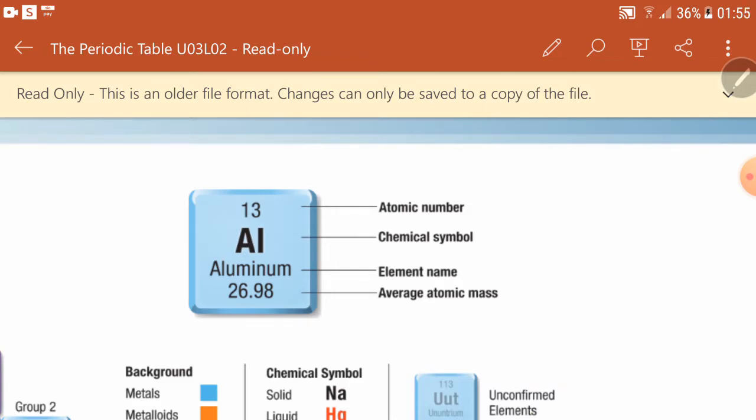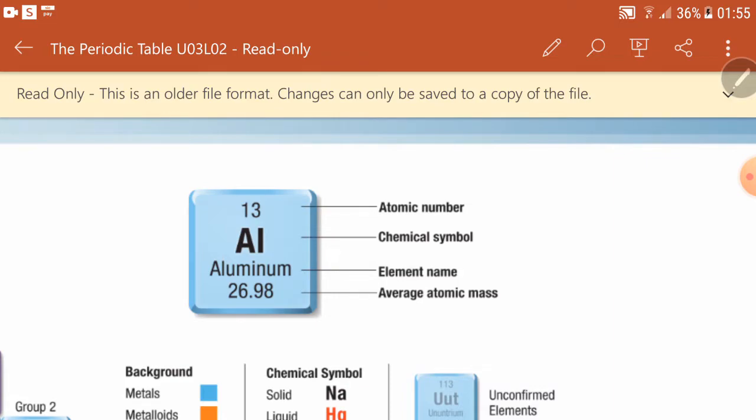A is a capital letter, and l is in lowercase, or small letter. This is the chemical symbol. Okay, now why Al for aluminum?